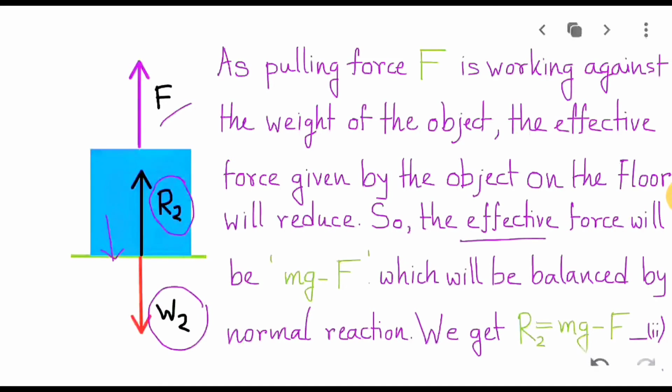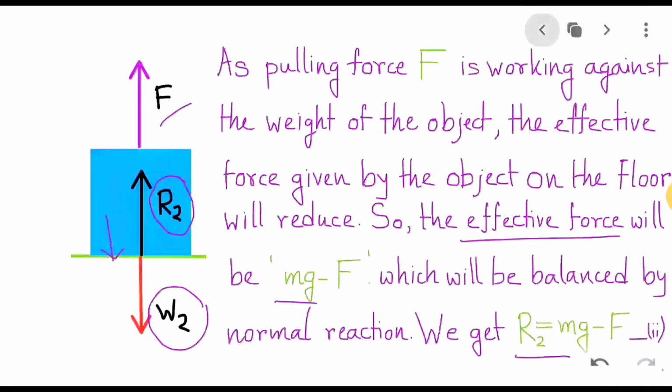So, the effective force given by the block on the floor will be mg, that is W sub 2, which is the weight of the block, minus F, that is the upward force working on the block, which will be balanced by the normal reaction. That is why we can write R sub 2 is equal to mg minus F.